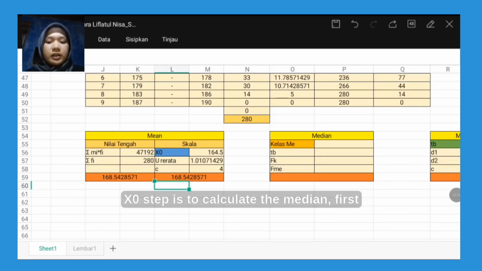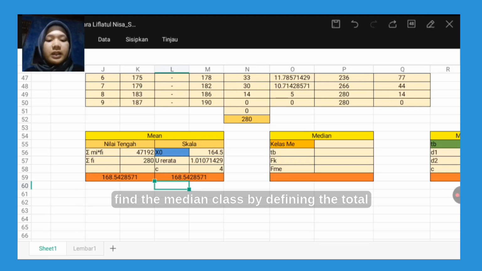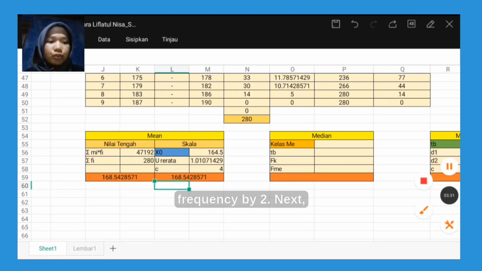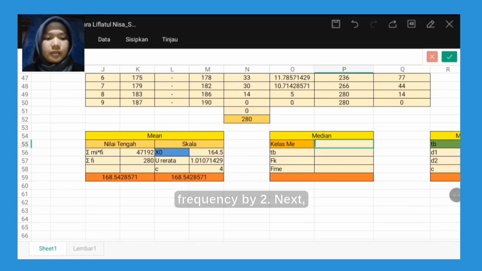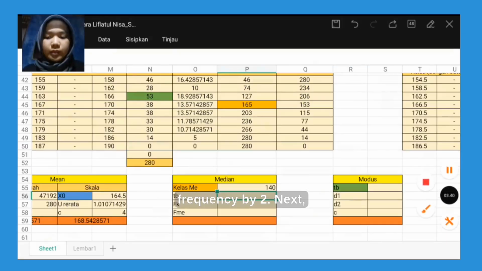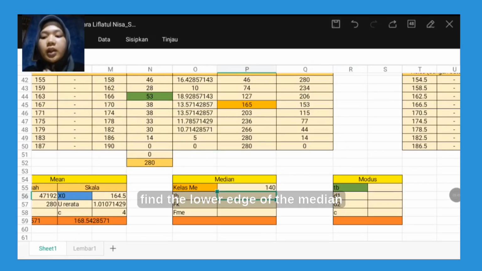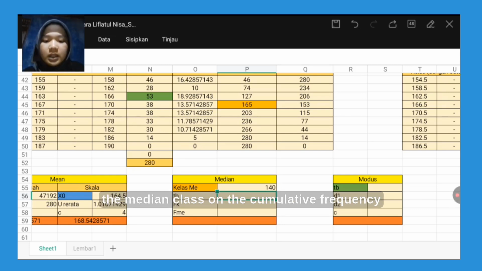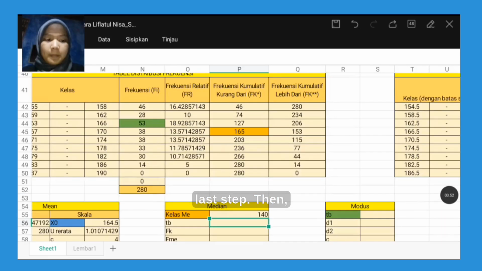The next step is to calculate the median. First, find the median class by dividing the total frequency by 2. Next, find the lower edge of the median class by determining the location of the median class on the cumulative frequency.